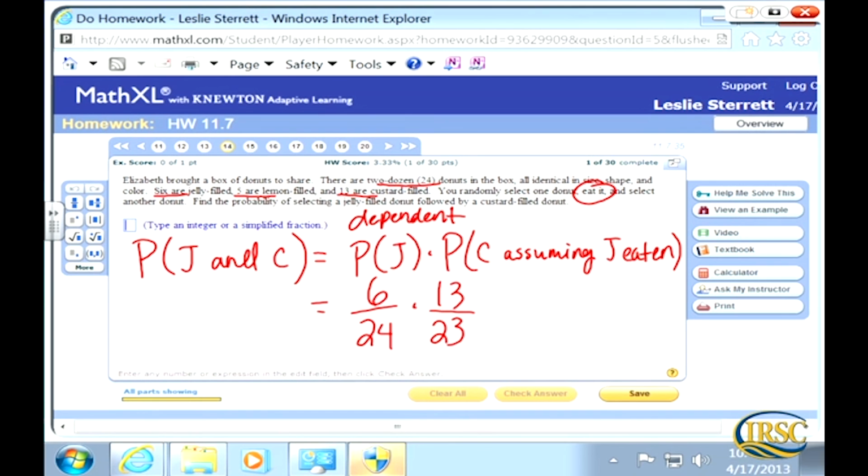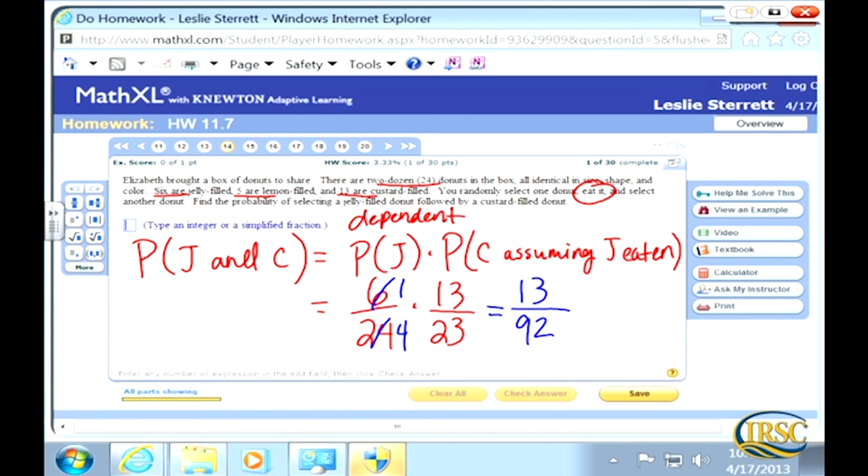All right, we can reduce this. Let's see, 6 goes into 24 4 times. 13 doesn't appear to go into anything, right? So multiplying across, we get 13 over 92. Yes, I would agree. Everybody agree with that?